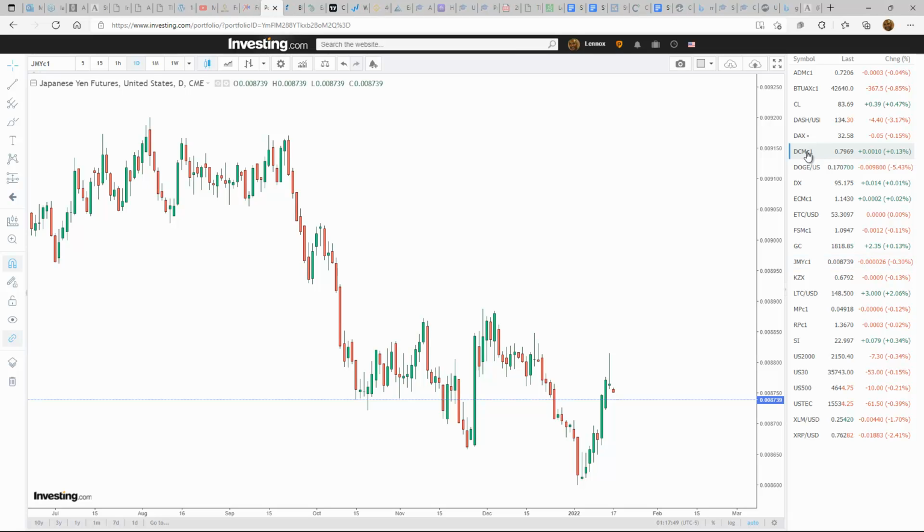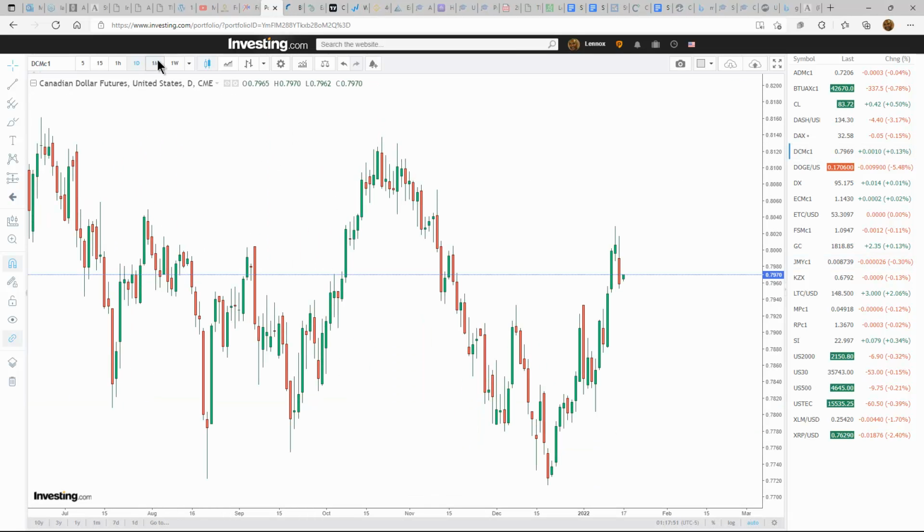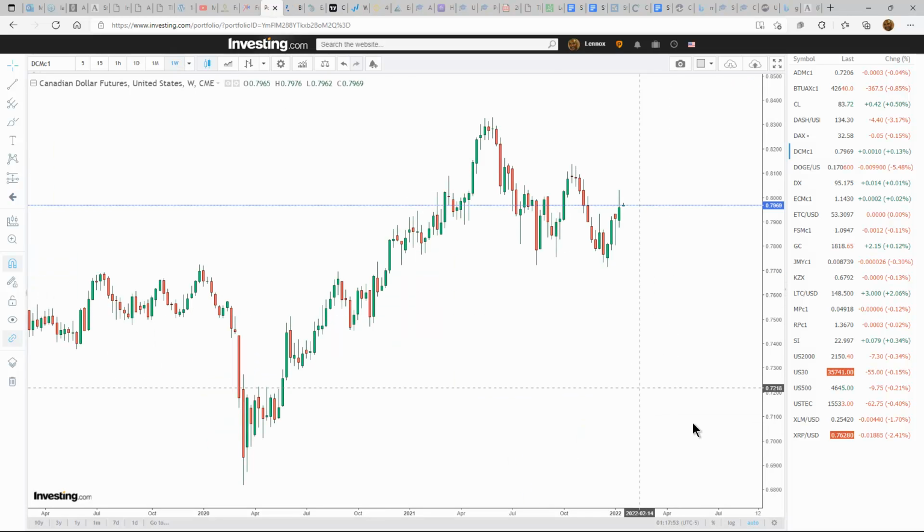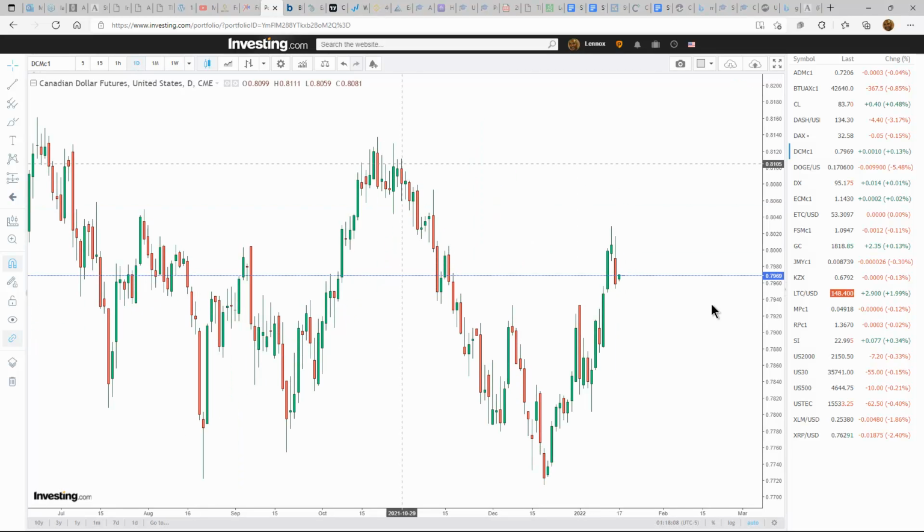The Canadian dollar. Let's take a look at the Canadian dollar. I haven't done that for a while. Weekly, the Canadian dollar hit some support area here and has bounced. So if the US dollar goes to the downside, we could expect the Canadian dollar to move down as well. But let's just see.